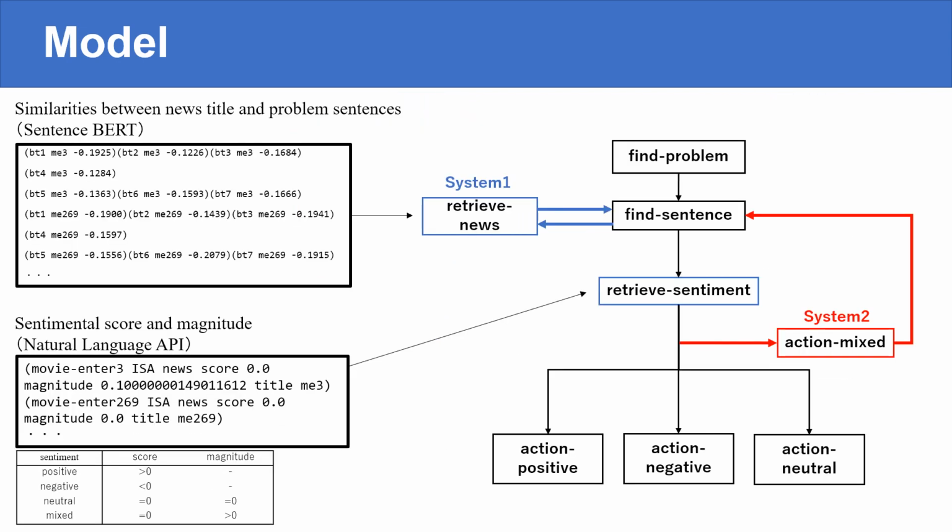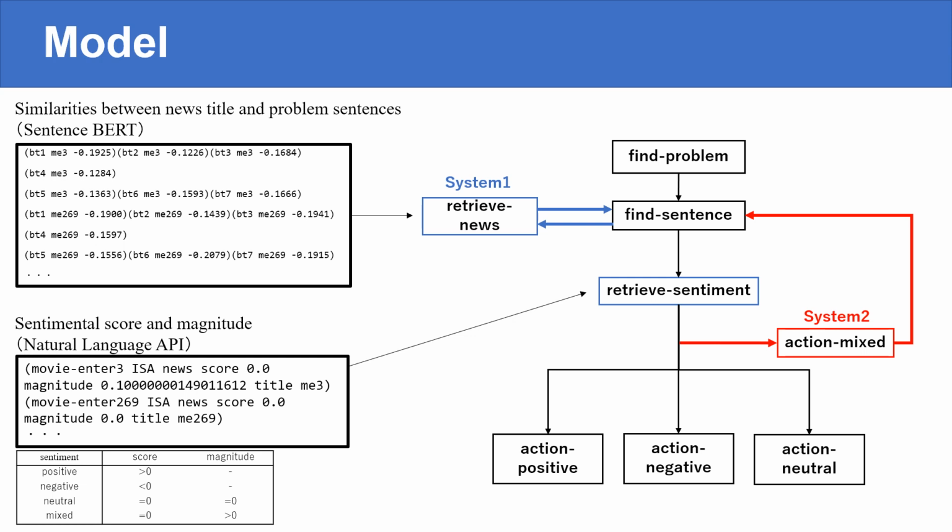And here in this slide, you can see the flowchart of the process. Distributed language models are used to calculate sentiments and similarities in System 1. And the model retrieves news cases similar to each reading sentence based on similarities and activation, like the known characteristics of availability heuristics.